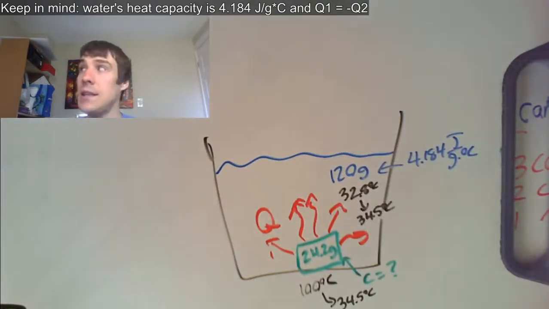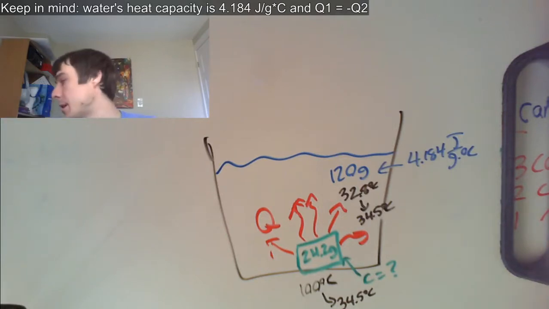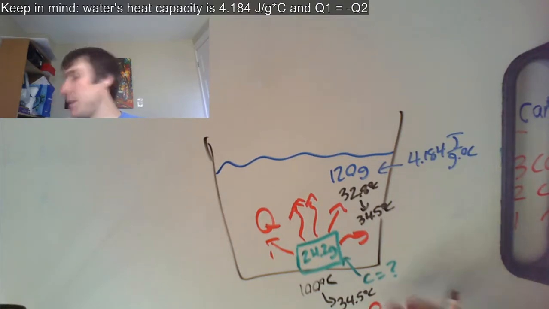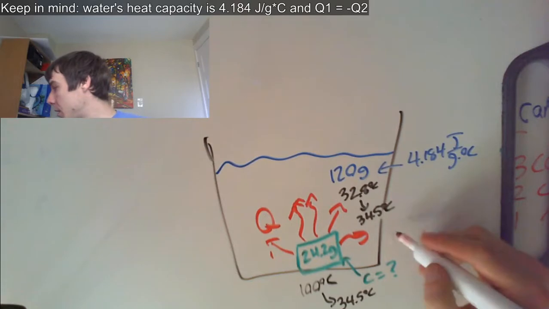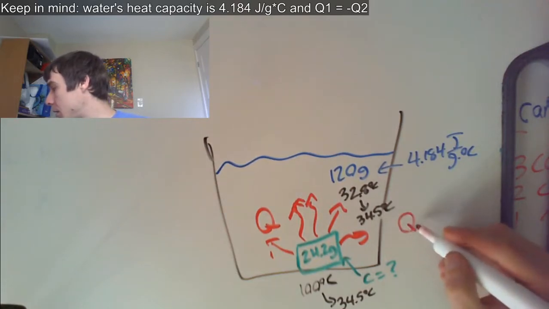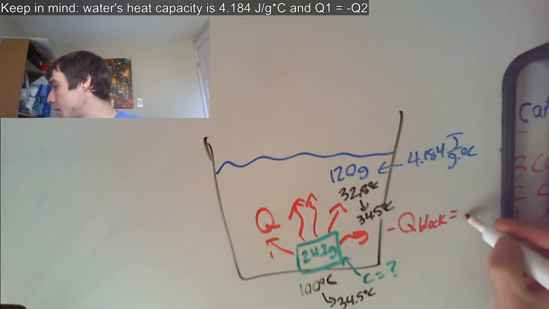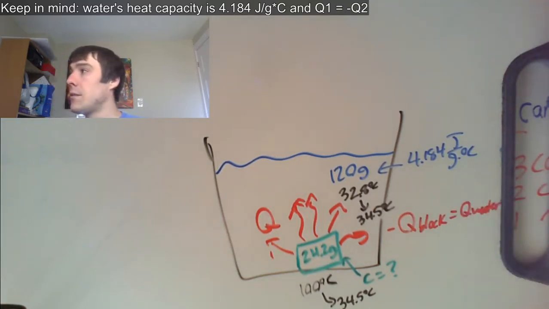This means that the heat that was gained by the water must have come from the block and only from the block, which tells us that Q block, or negative Q block because it lost, is the Q of the water.